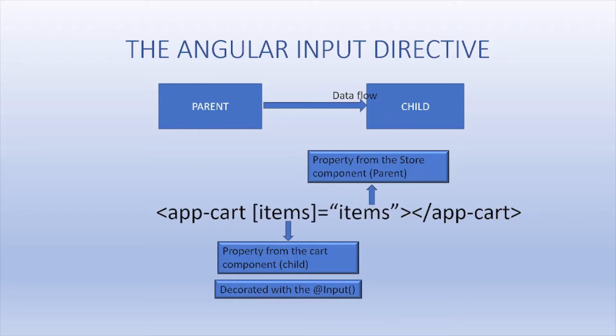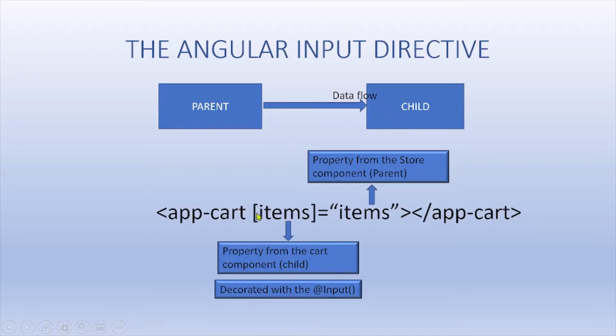Remember again that the cart component in our project is the child and the store component is the parent. And so we have one-way data flow from the parent, which is the store component, to the child, which is the cart component.